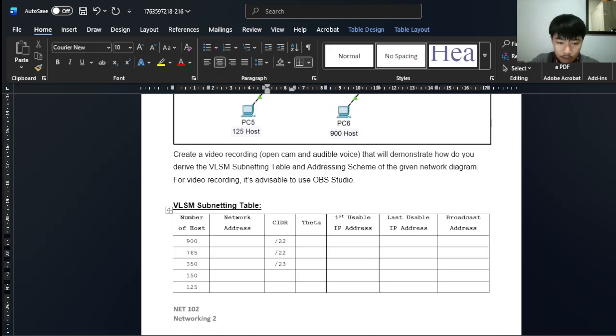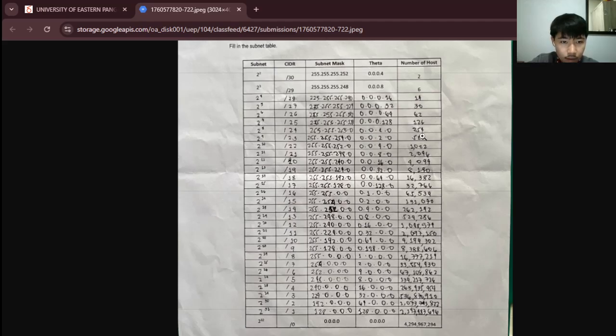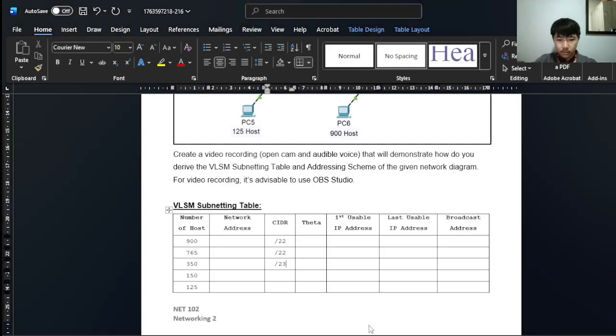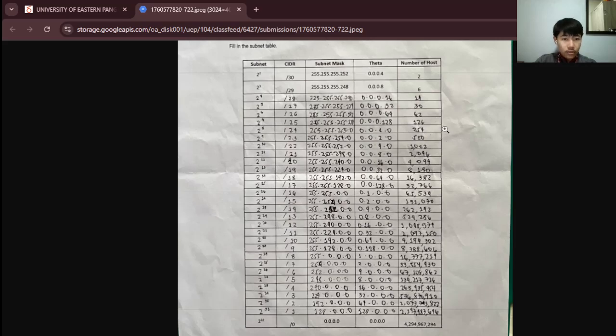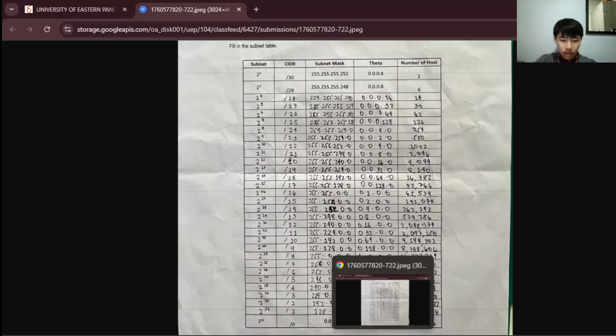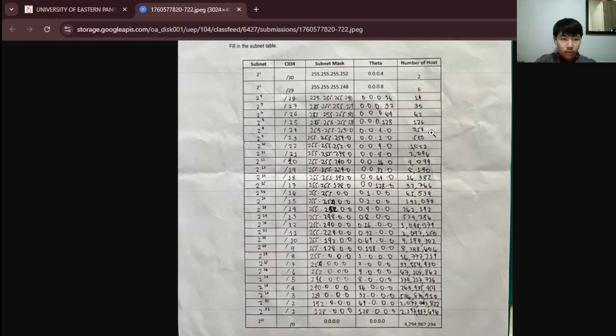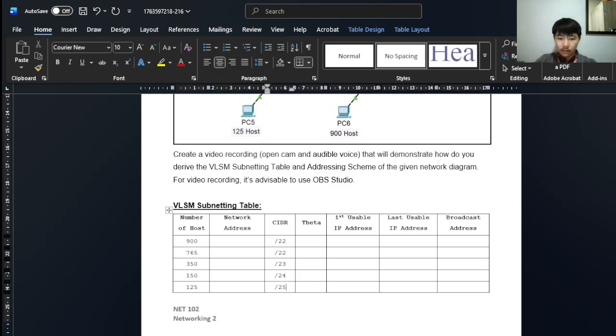Next is 150 hosts, which is in the 254 hosts range, CIDR 24. For 125 hosts, it is in the range of 126, CIDR 25.